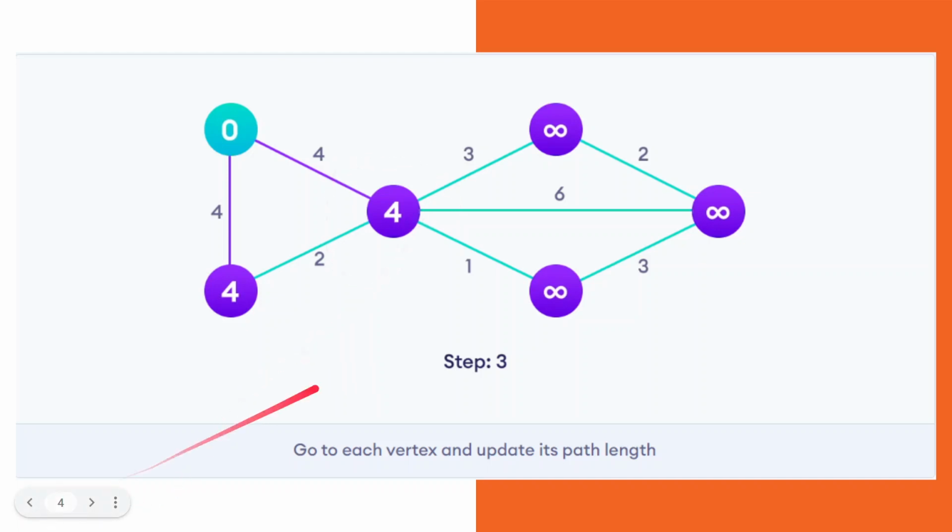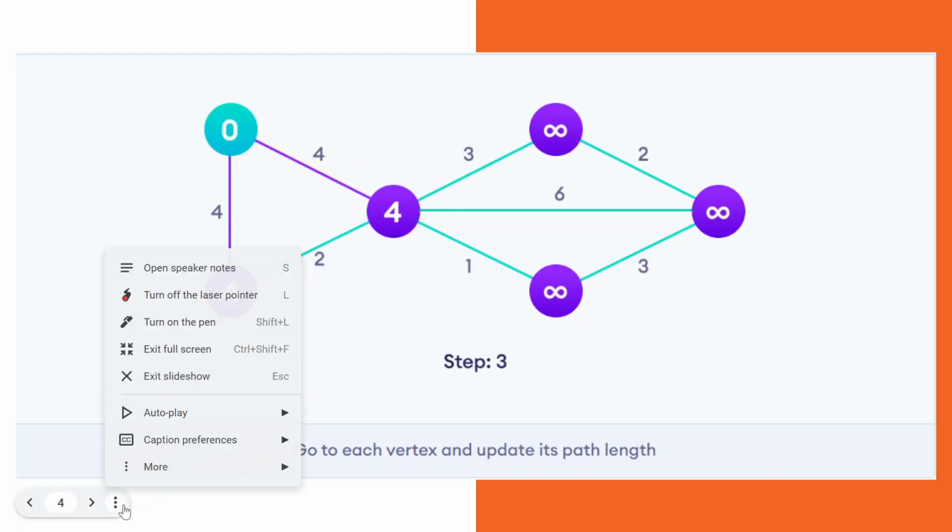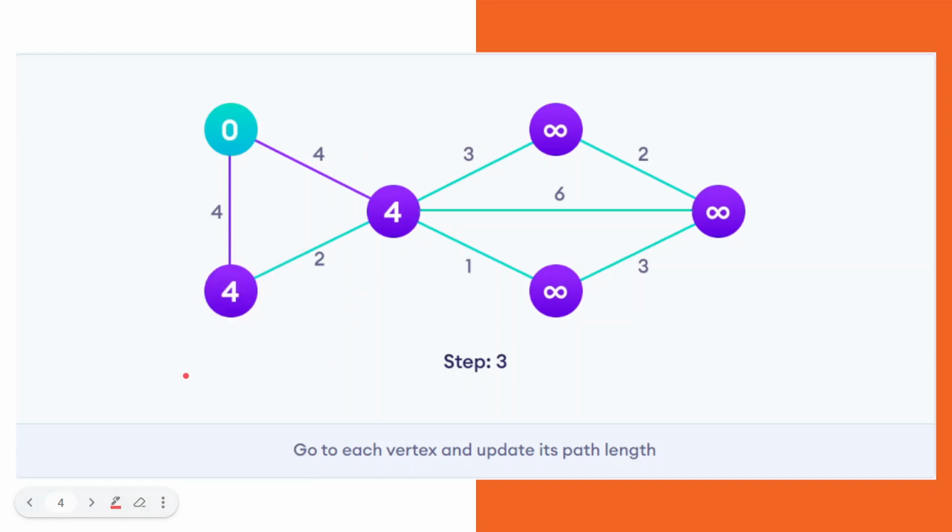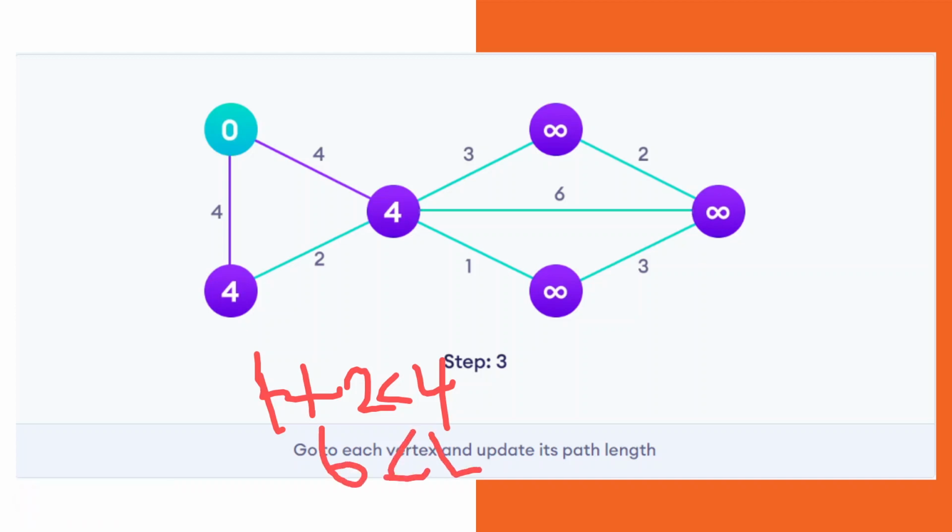So when you try updating it again, you'll be trying 4 plus 2 is less than 4. The condition is not satisfied, right? Because 6 is not less than 4 in this case. So you'll retain this 4 value. In this case, you won't be doing this.